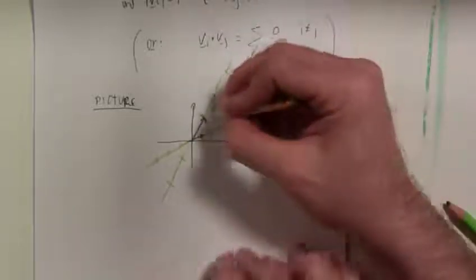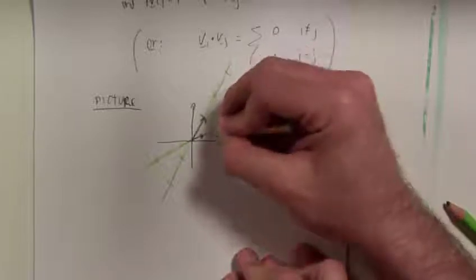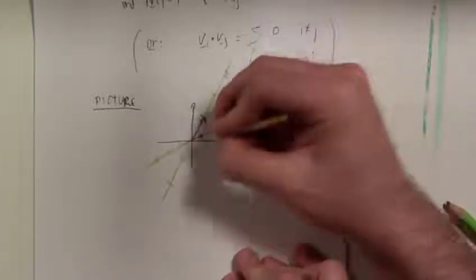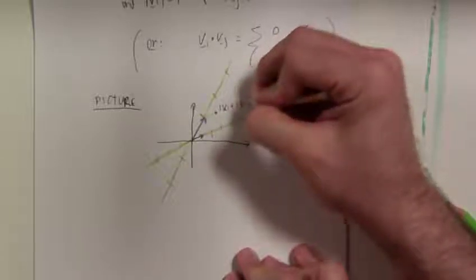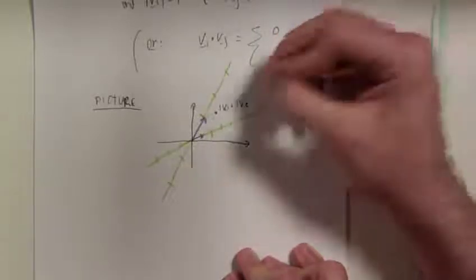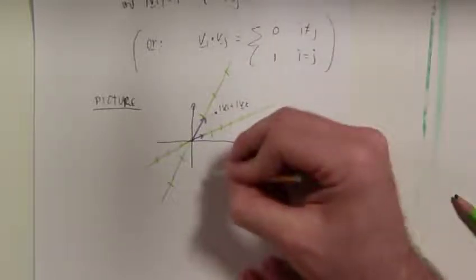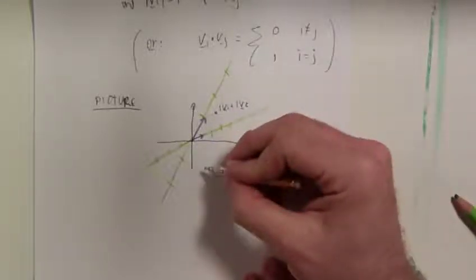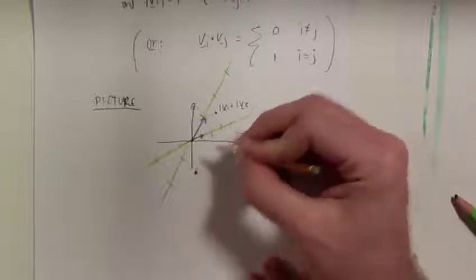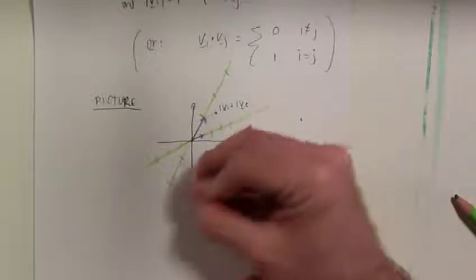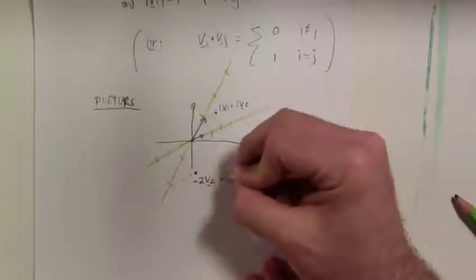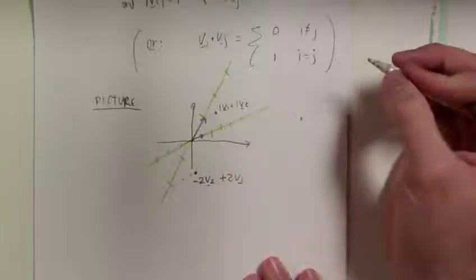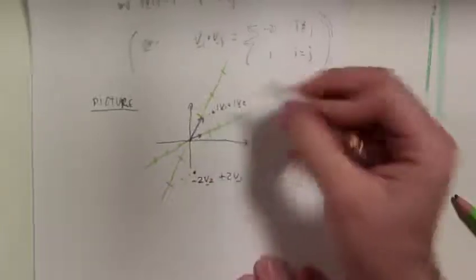So for example, this point here is 1 of V1 plus 1 of V2. Whereas say this point over here is minus 2 of V2 and plus 2 of V1, something like that, where the little one is V1 and the big one is V2.